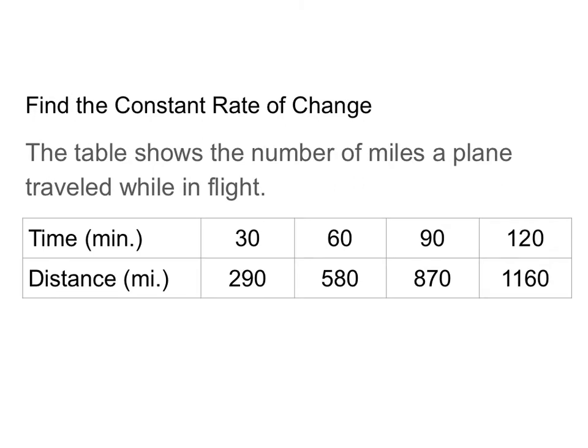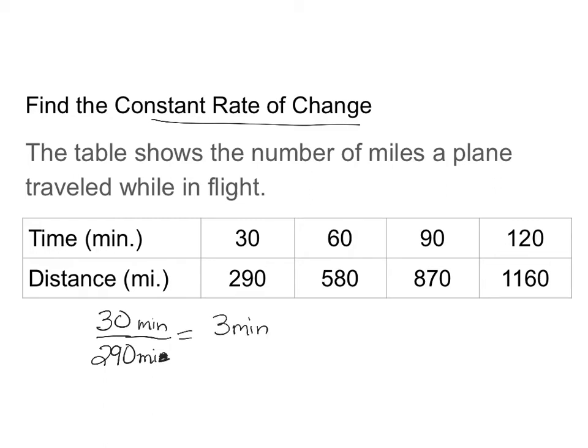Okay, so let's find the rate of change here. I have 30 minutes for 290 miles. Well, this is equal to 3 minutes for 29 miles.